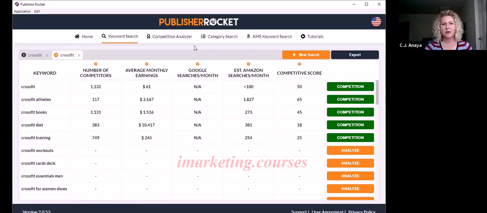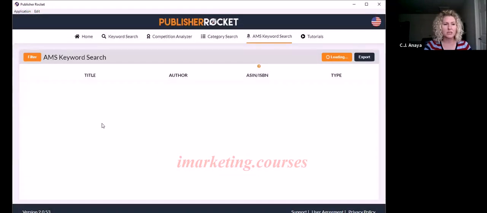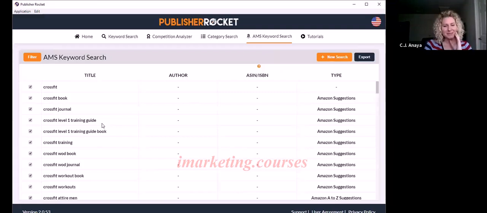I just wanted to make sure that you understood how to read this data. And I think we've already done this before when it comes to the AMS keyword search. You're just giving the niche of your book. If it's exercise, you could put in exercise, but it's a little bit better to be specific. So if we go CrossFit in here, and then click Go Get 'Em Rocket, I love that it says that, it's inspiring and positive.